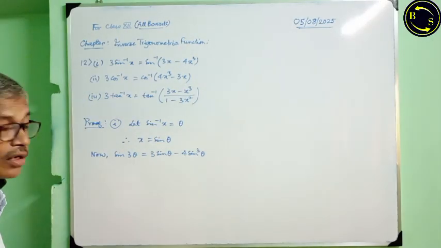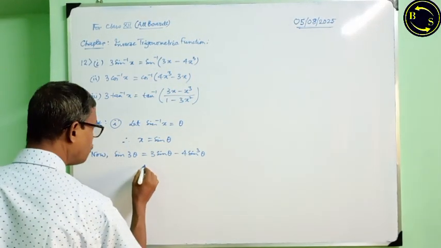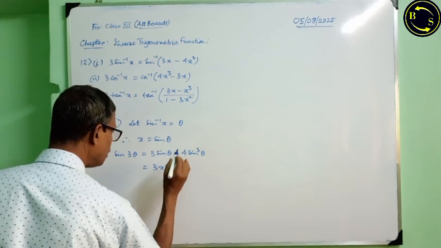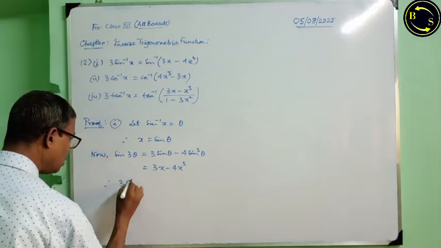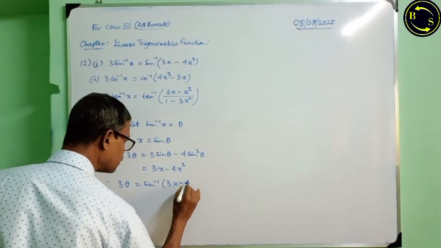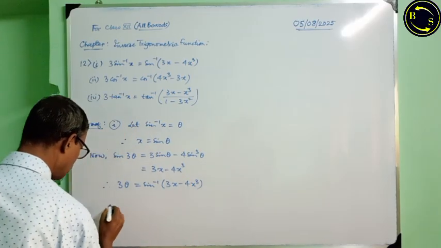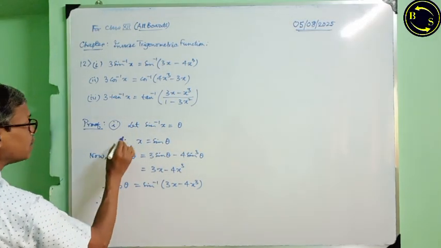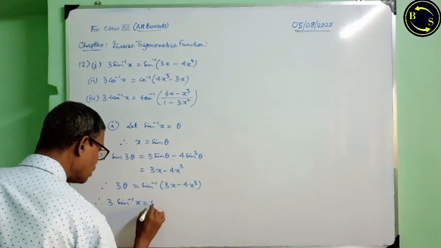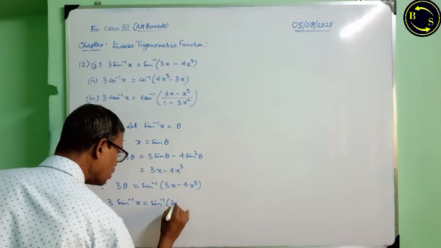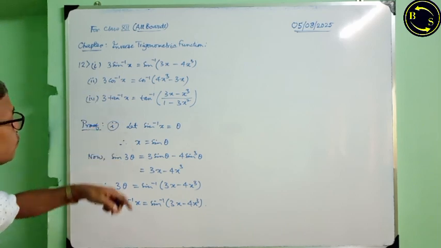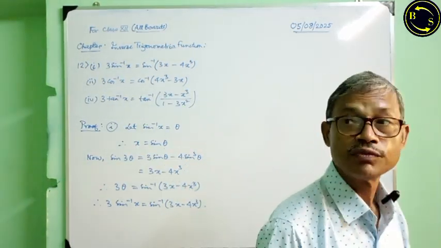In class 11 you have learned. Now I put the values: 3x minus 4x cube. Therefore 3 theta is equal to sine inverse of 3x minus 4x cube. Therefore, theta is nothing but sine inverse x. Hence this first formula is proved.